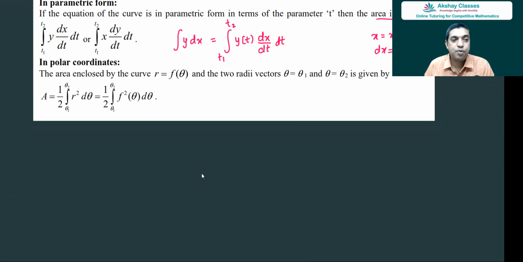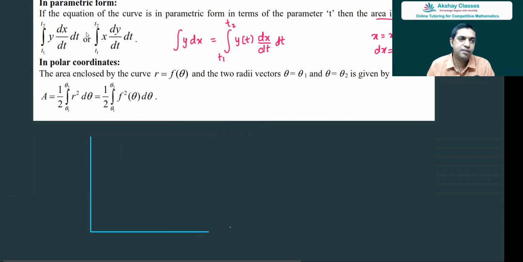What if it is given in polar coordinates? So in polar coordinates, we do like this. Of course, in polar coordinates, there is no x and y. It is the initial ray, or the initial line, and this is the pole.